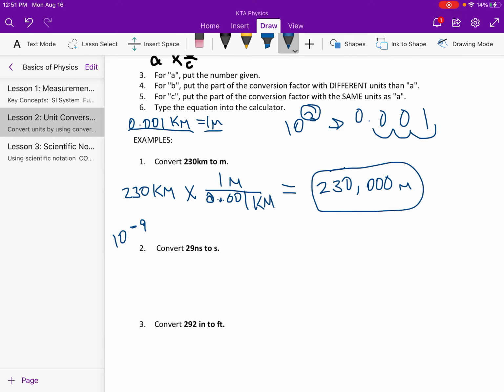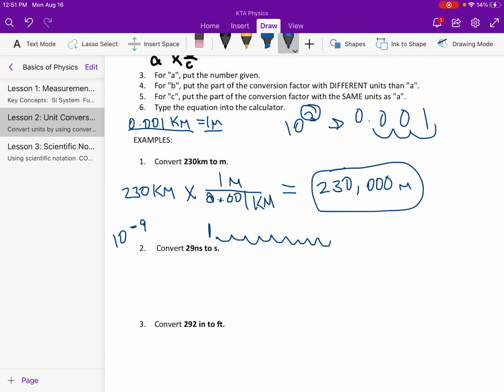That would mean that to convert 1 second to nanoseconds, we need to move the decimal 9 places to the right, because it's negative: 1, 2, 3, 4, 5, 6, 7, 8, 9.